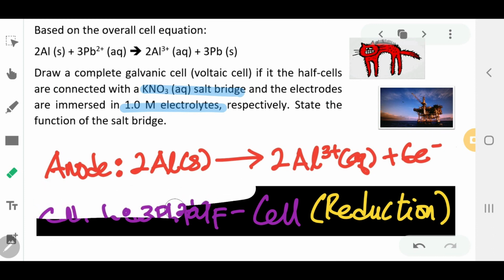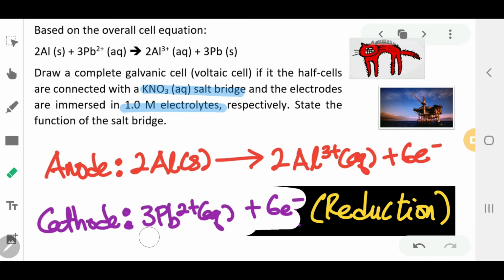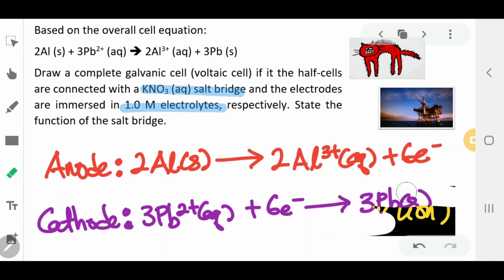And the cathode will be your lead. So the lead will be undergoing reduction. Reduction is gaining of electrons. Remember, RED CAT, reduction at cathode. And OIL RIG: OIL, oxidation is losing; RIG, reduction is gaining electrons. So you can use these 2 mnemonics to identify who will be the anode and who will be the cathode.